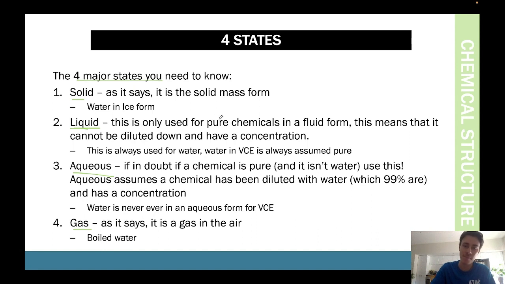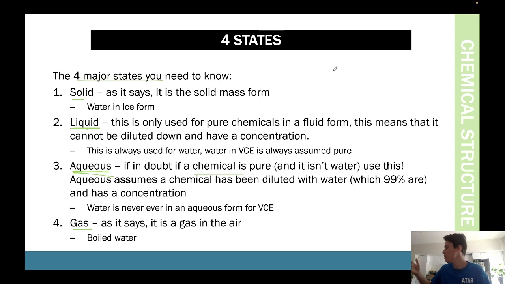Then we have liquid. Now, liquid is important. Liquid is only for water and then only for pure chemicals. So if it tells you that a chemical is pure, so we have pure ethanol, or pure something, that is a liquid. And it's really important that you are told that it is pure. If you are not told it is pure, you assume it is aqueous, which means it's a chemical that has a bit of water in it.